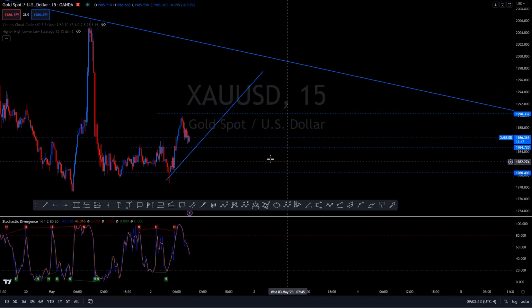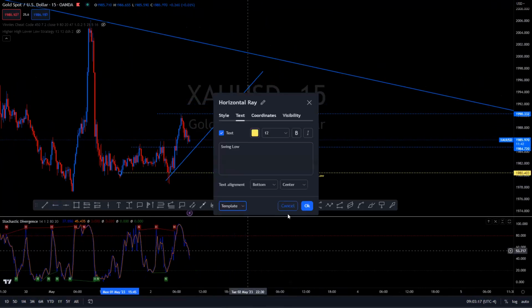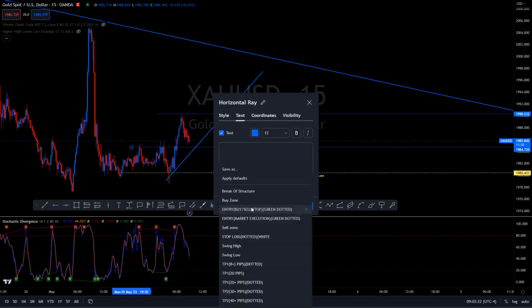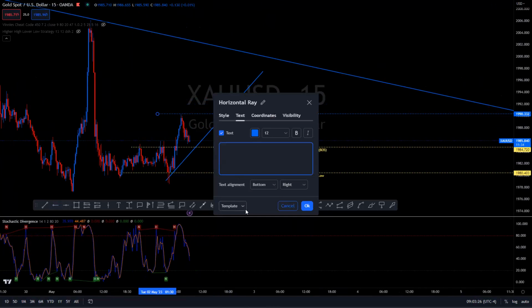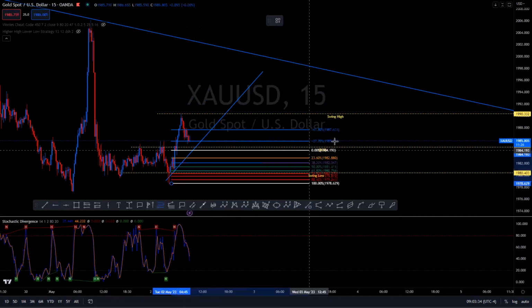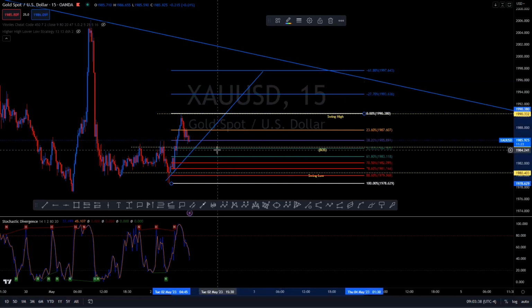Now we're going to label this trading range: this is going to be a swing low, breaker structure, and swing high. Then we go from the recent swing low to the swing high.